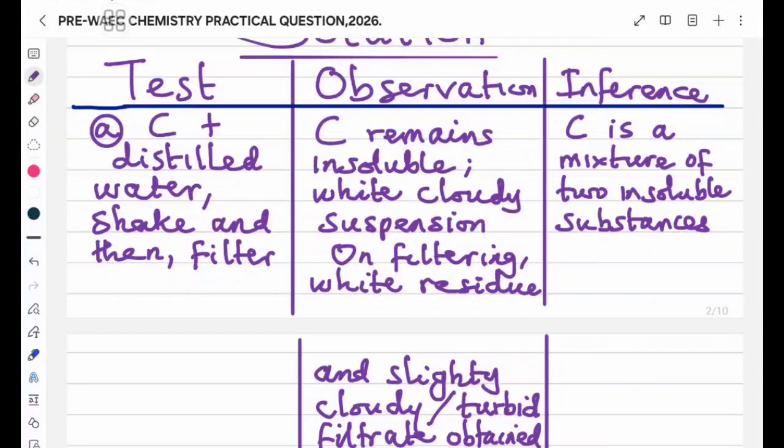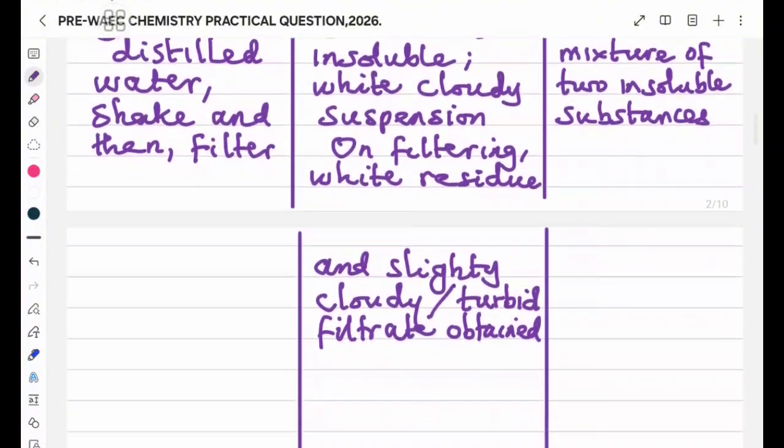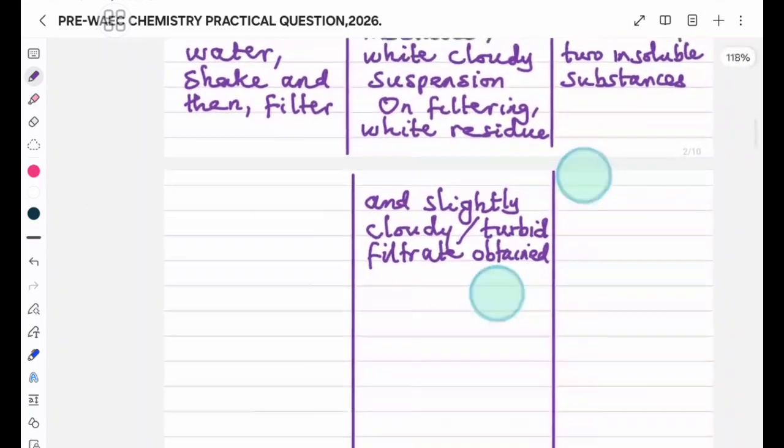You need to describe how it looks like. The filtrate is also slightly cloudy. Filtrate is slightly cloudy in appearance. It looks slightly cloudy, not so clear as water that you would have expected. So that is the first test.